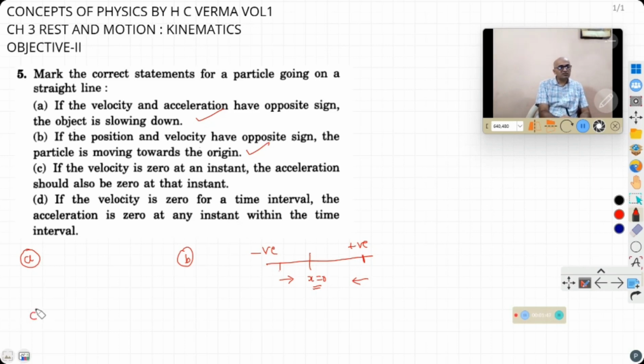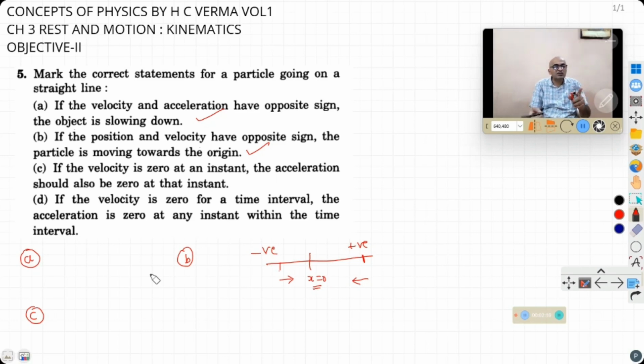Now coming to C statement. If the velocity is 0 at any instant, the acceleration should also be 0 at that instant. Let us take an example, students. This is a body which I throw vertically upwards. At the topmost point, its velocity has instantaneously become 0. But acceleration throughout the journey is vertically downwards.